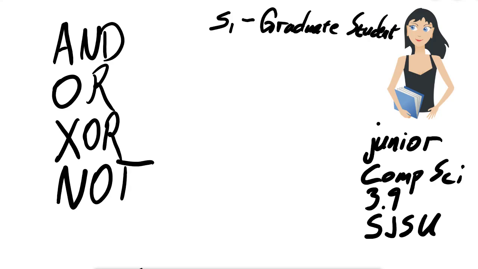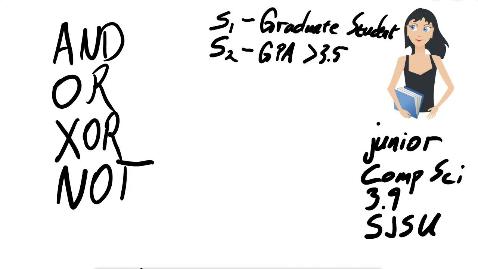So in order for S1 to be true, the student must be a graduate student. And the second statement, S2, is a GPA of greater than 3.5. Okay, so S2 is that they have a really good GPA.